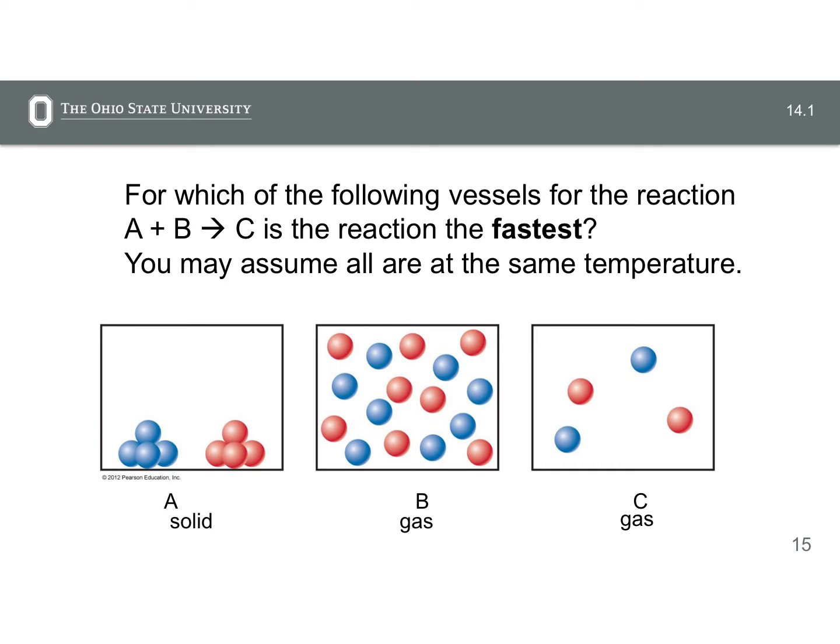They're closer together than they are in C. Yep. In B, the reaction will occur the fastest. We have particles in the gas phase. They're going to react more quickly than those in the solid phase. And comparing B and C, there's a greater concentration in B, and so the reactants have a better chance of colliding with each other. Cool.